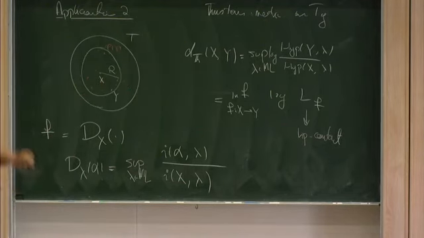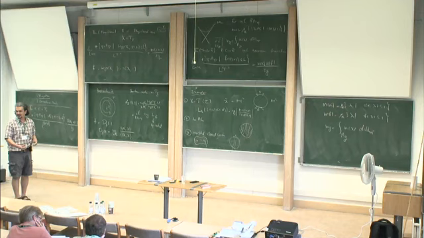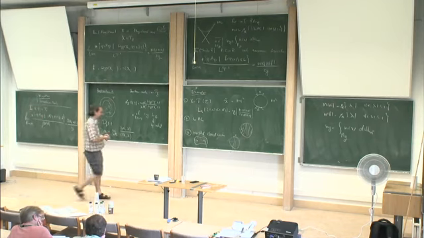Since it works for any function, the f of phi of y is basically e to the power of the distance in the Thurston metric between them. Maybe I should write that down.